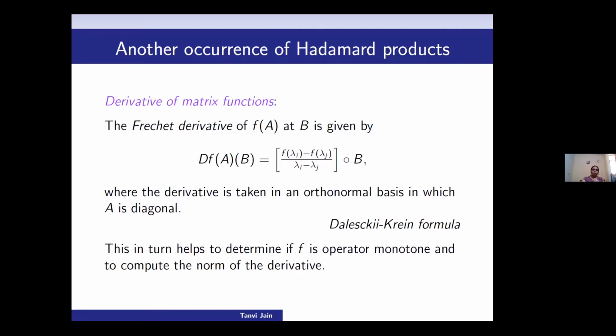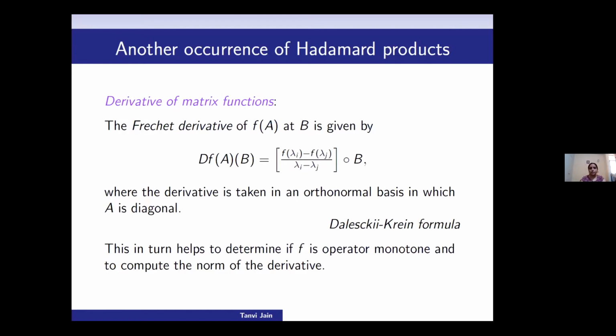On the space of matrices, the simple formula is in terms of the Hadamard product of two matrices. So Df(A) at B is equal to the Hadamard product of [f(λi) − f(λj)]/(λi − λj) and B.